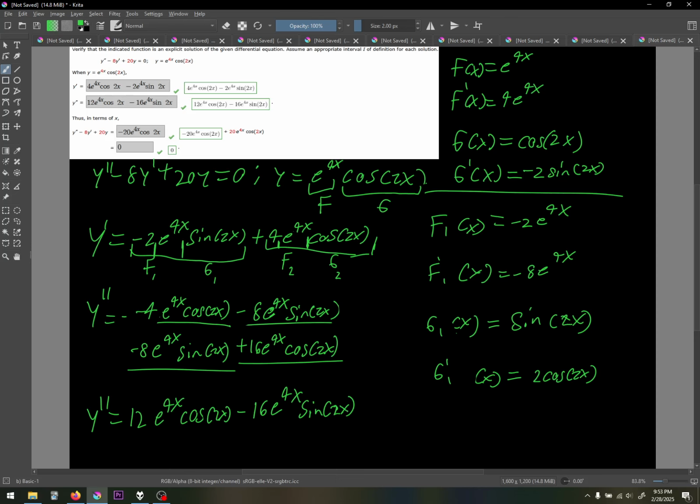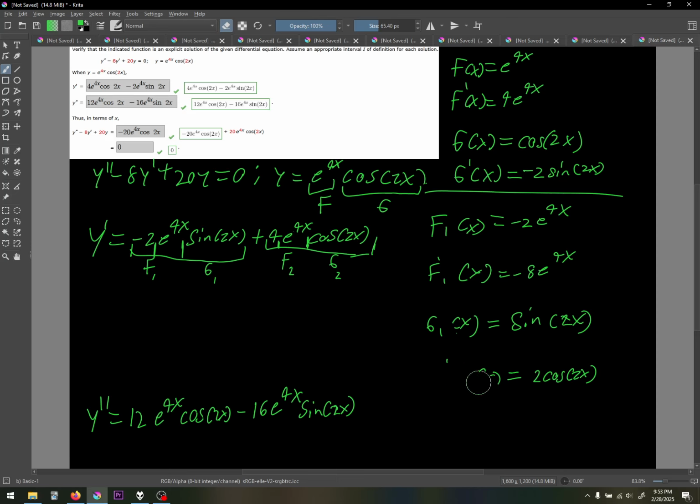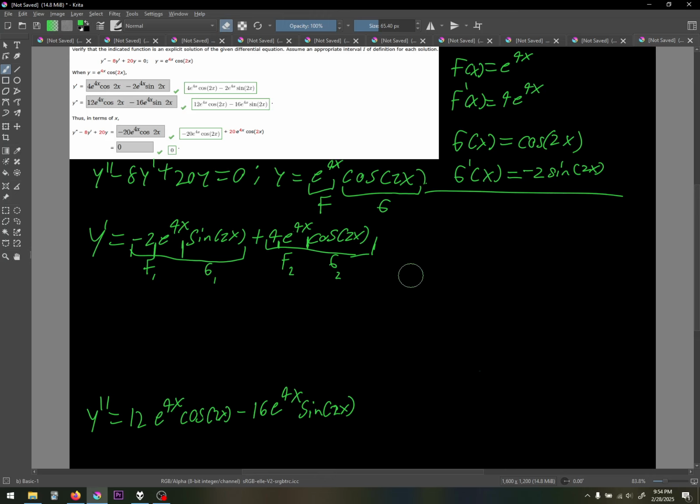And now they're asking y double prime minus 8y prime plus 20y is equal to, okay, y double prime is 12e to the 4x cosine 2x minus 16e to the 4x sine 2x.